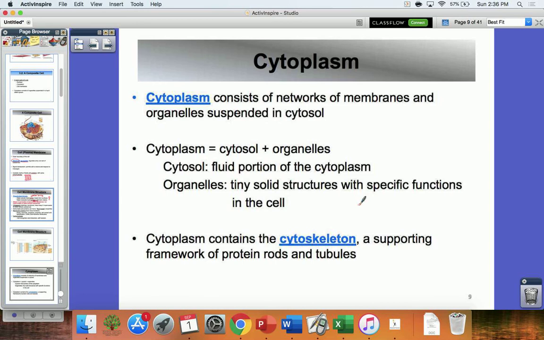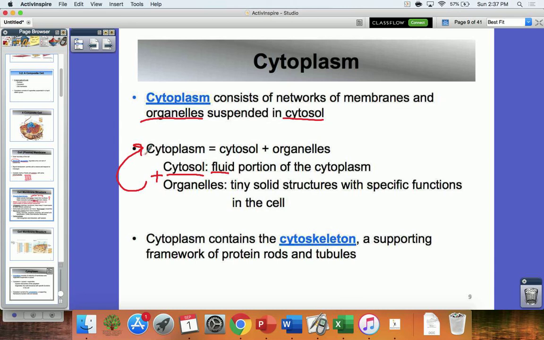Next, we have our cytoplasm. And as I said before, the cytoplasm is not only that fluid or that liquid that the organelles are inside, but it is the organelles and that fluid. So the cytosol itself is the fluid, but if we have that plus the organelles, now we have our cytoplasm.